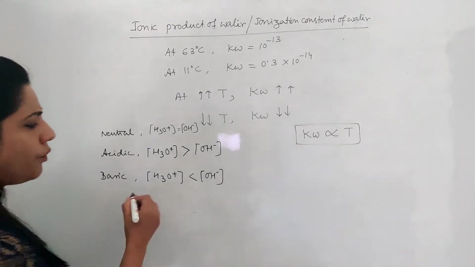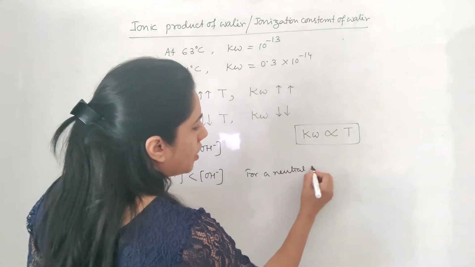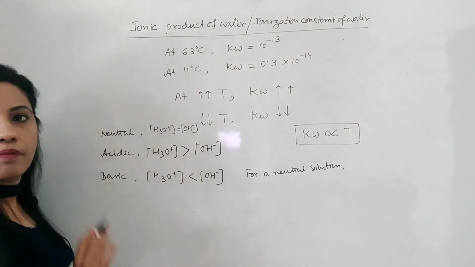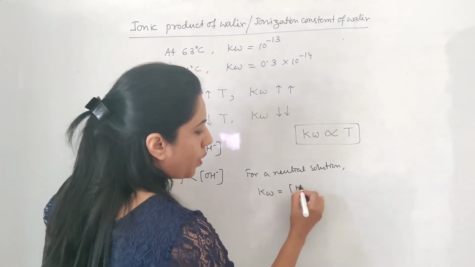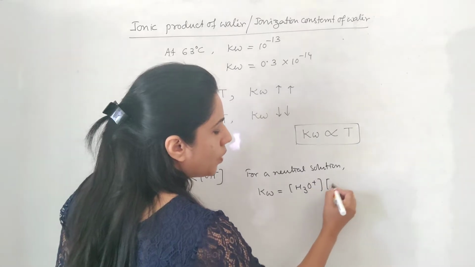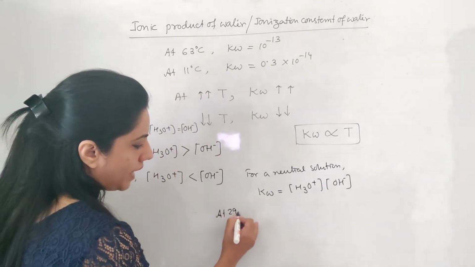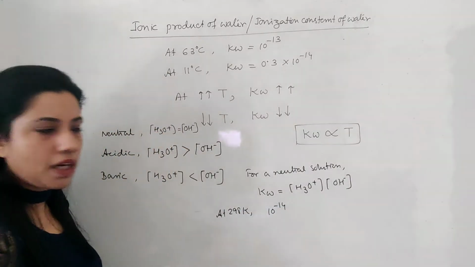Now see, for a neutral solution, what do we say? We say that concentration of both of them are equal. And we also found out Kw equal to concentration of H3O plus into concentration of OH minus. Now, at 298 Kelvin temperature, the value of Kw is 10 raised to power minus 14.